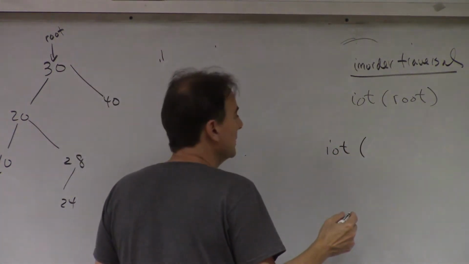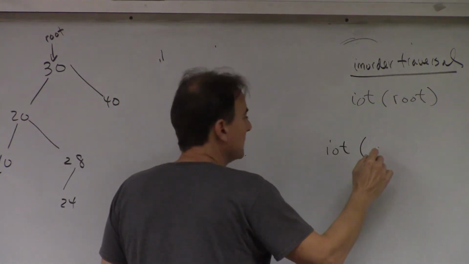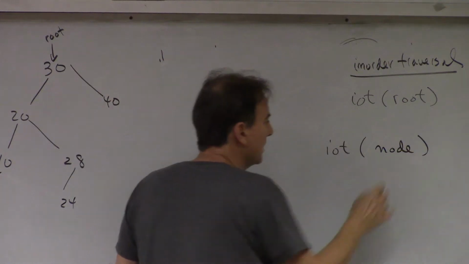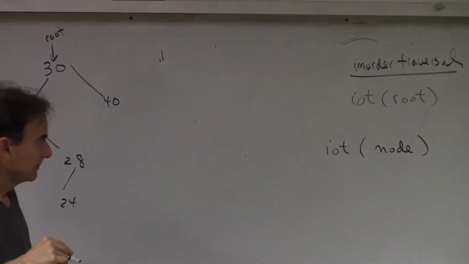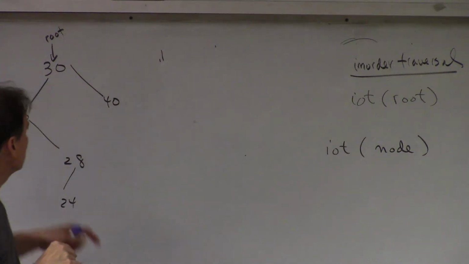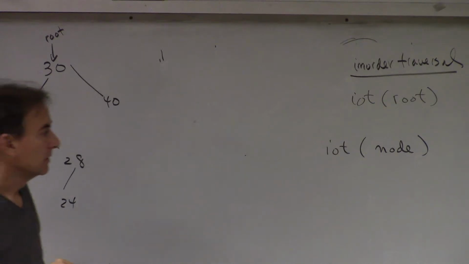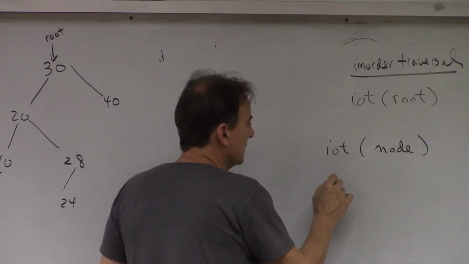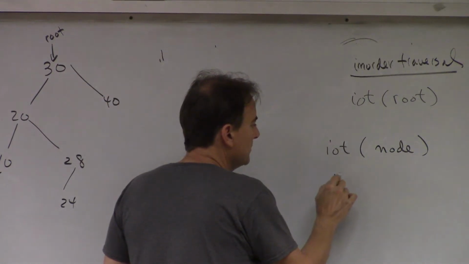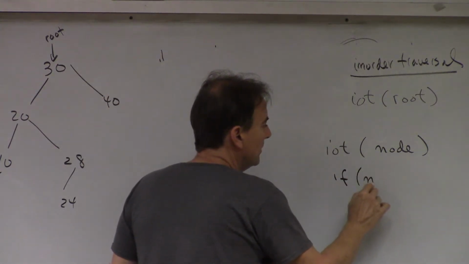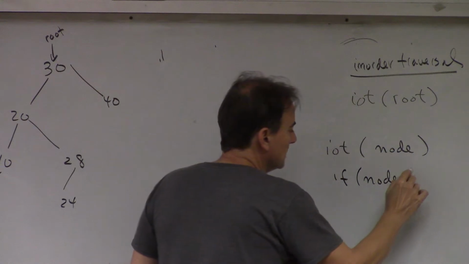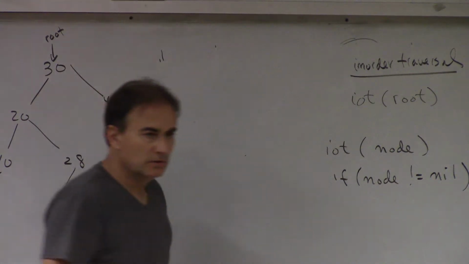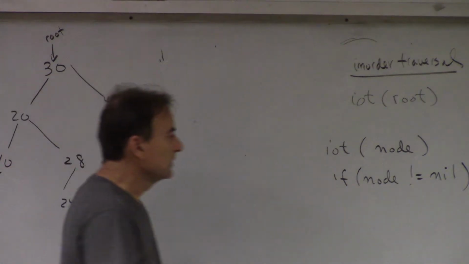We receive a node, right? IoT, in order traversal. The first thing we're going to do is say if node not equal to nil. If the node is nil, we do nothing. Otherwise, we're going to do something.